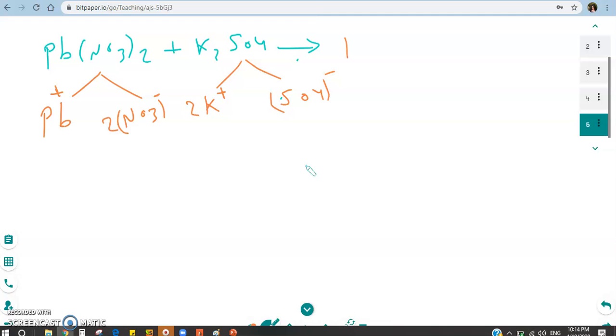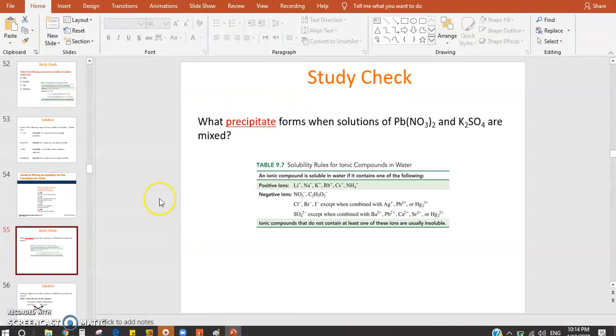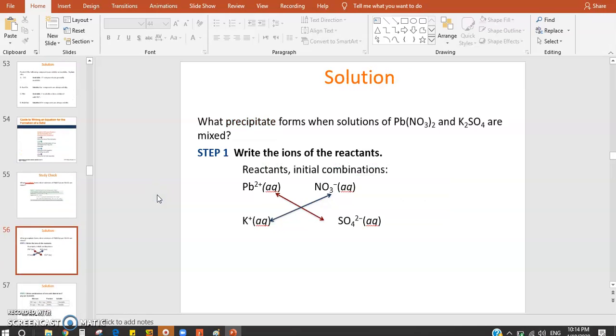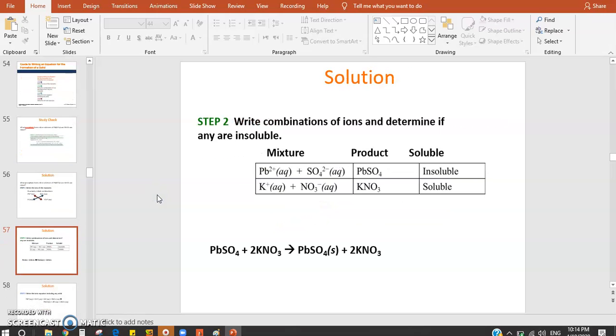So Pb will take the SO4, and then the K will take NO3, KNO3. So these will be the two molecules. I need to check the charges so I can make sure I wrote my formula correctly.